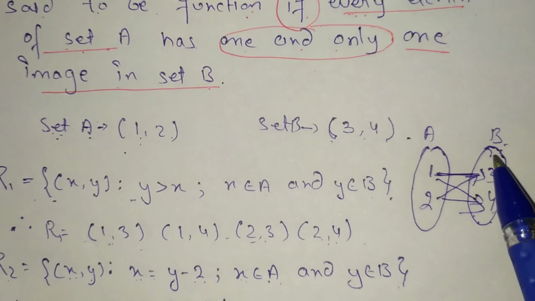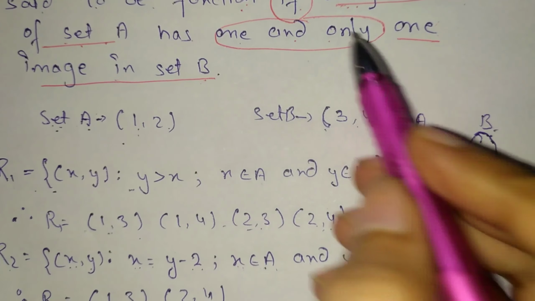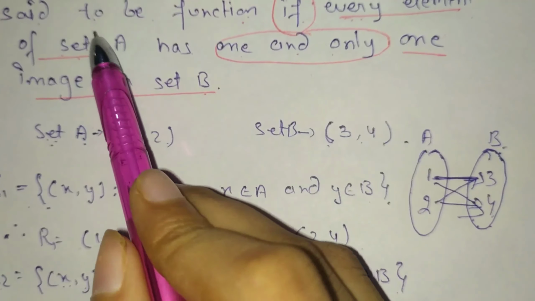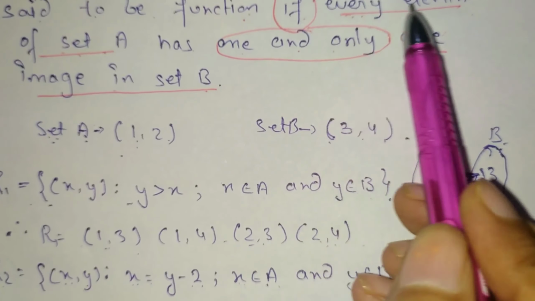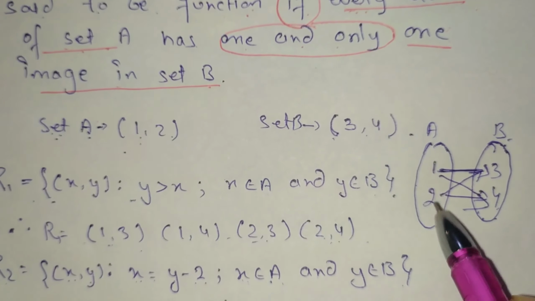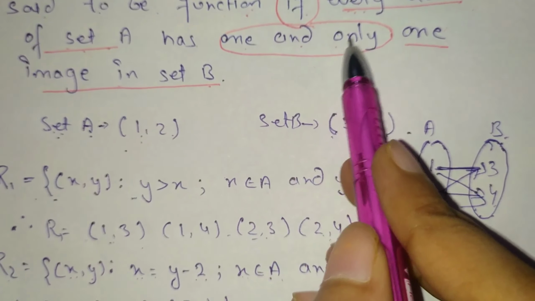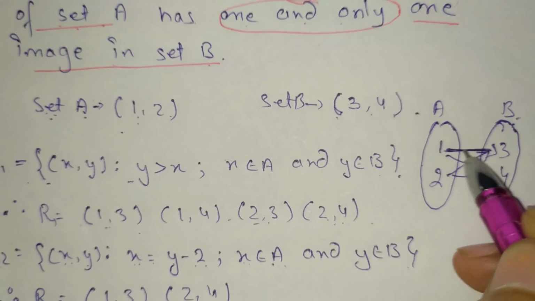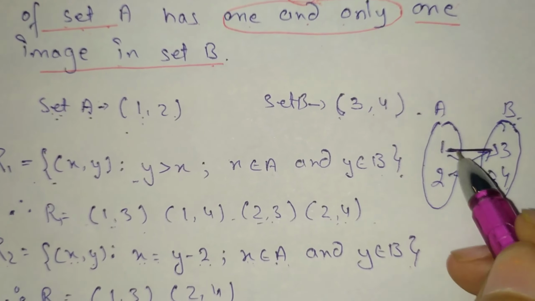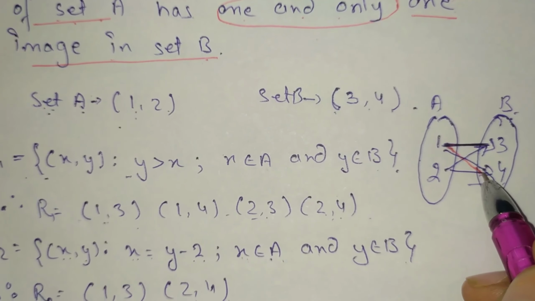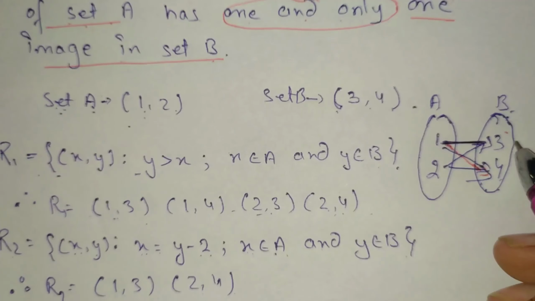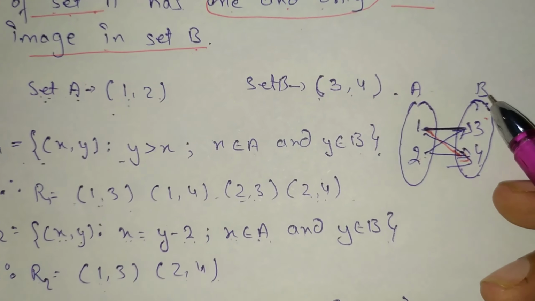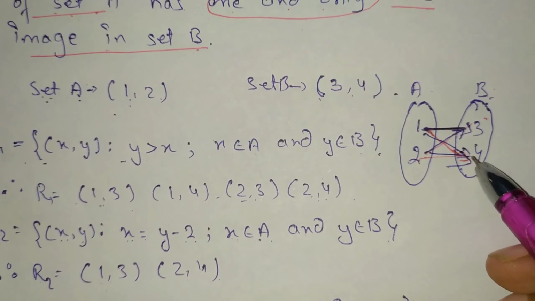According to our definition, a relation F from set A to B is said to be a function if every element of set A has one and only one image in set B. But here we can see that element 1 of set A makes a total of 2 images in set B. Similarly, element 2 of set A makes 2 images in set B, that is (2,3) and (2,4).